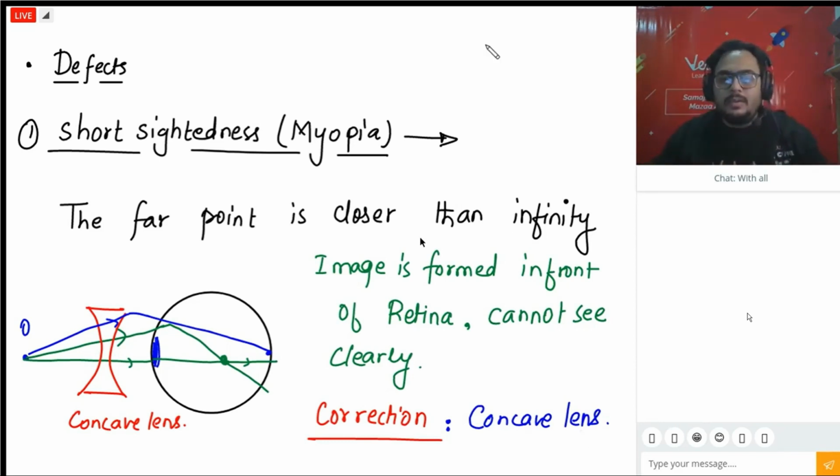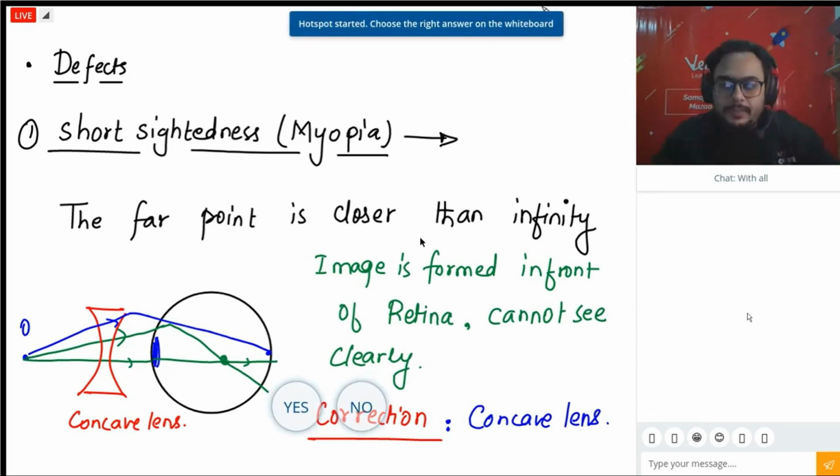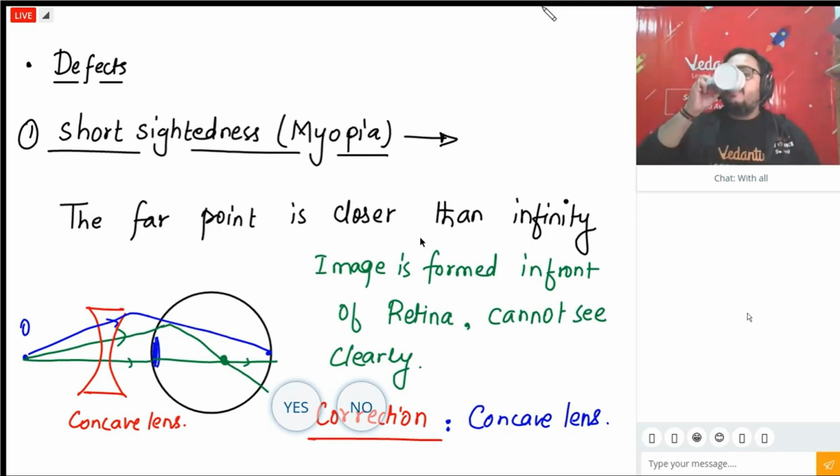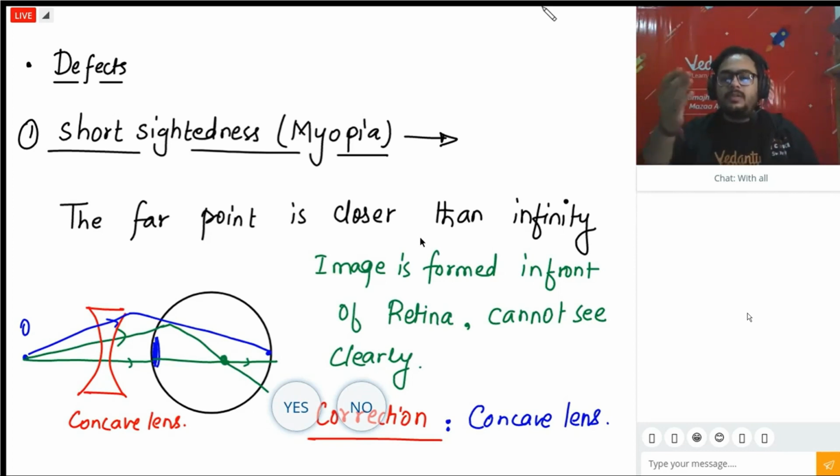Please say yes or no. If you have myopia, please tick yes. 50-50. What does that mean? If you have myopia, please tick yes. Yes, poll is going on, Udit ji. I have made the poll already.